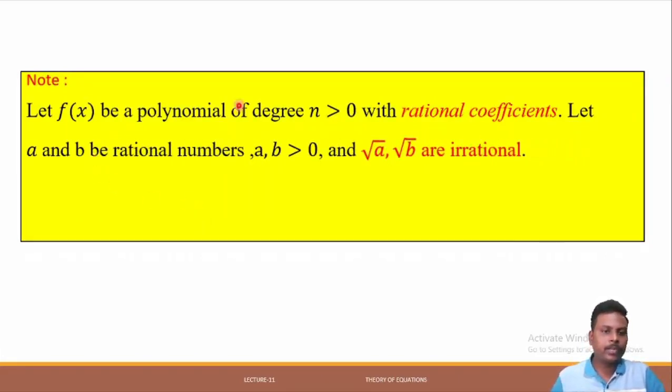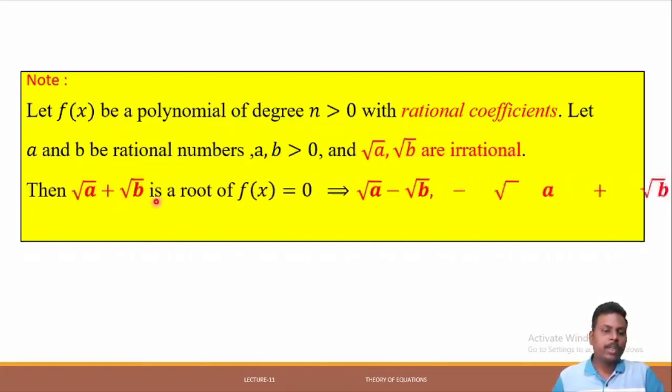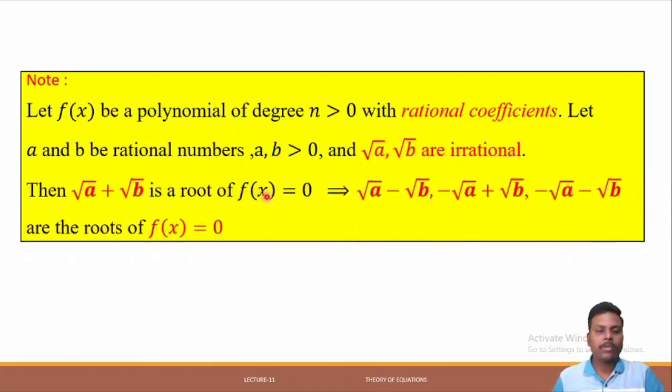Let f of x be a polynomial of degree n greater than 0 with rational coefficients, and let a comma b be rational numbers so that a comma b greater than 0 and root a comma root b are irrational. Then root a plus root b is a root of f of x is equal to 0 implies root a minus root b, minus root a plus root b, minus root a minus root b are all the roots of f of x is equal to 0.